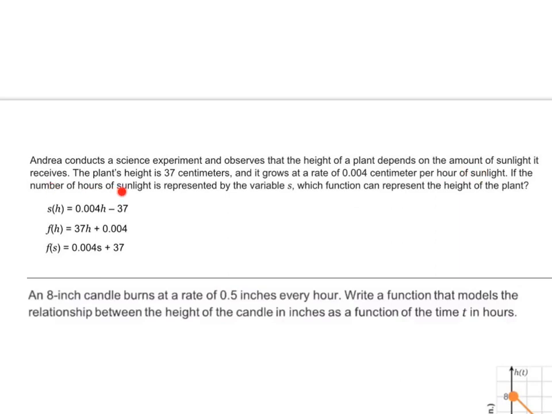If the number of hours of sunlight is represented by the variable S, which function can represent the height of the plant? So the hours of sunlight is represented by the variable S. That means that S needs to be our independent variable. This is like our x value.